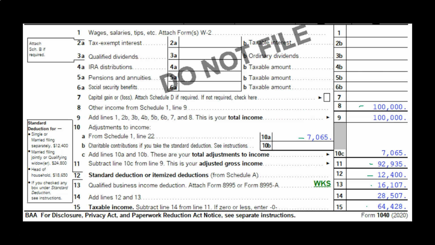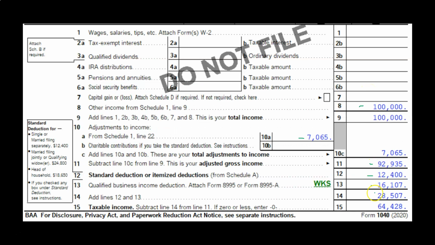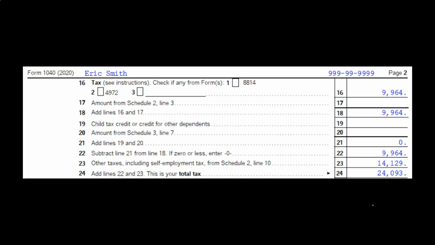This is the first page of the 1040. On the second page of the 1040, we have the federal income tax that is now being calculated based on, of course, this 64,428. But we also have the other tax, that 14,129, Social Security and Medicare self-employment tax, which was calculated basically on the net income of the Schedule C, to get us to the total tax.